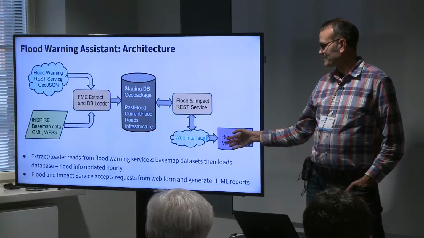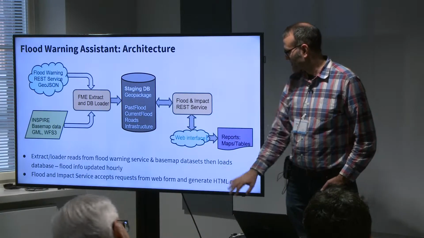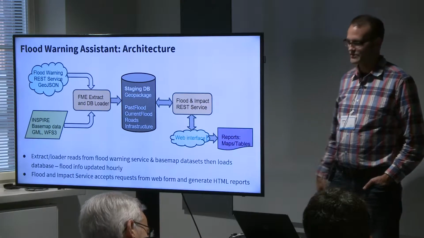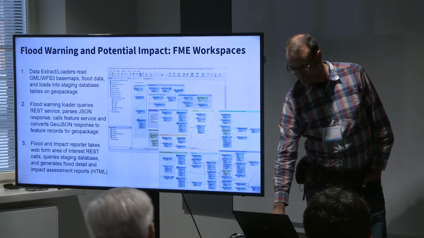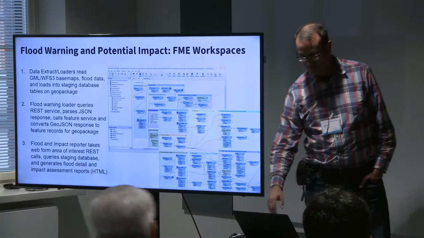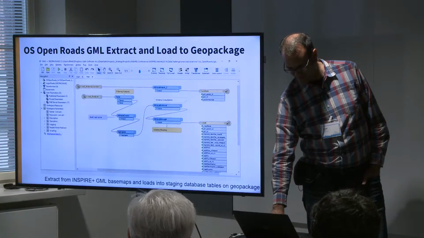And this is web friendly because it's just a JavaScript client, and it produces HTML reports, which again any mobile device could display. So I won't get into too much detail on the workspaces, but those are the three main steps that I just went through.